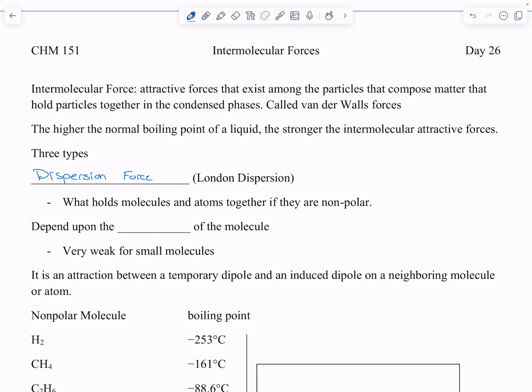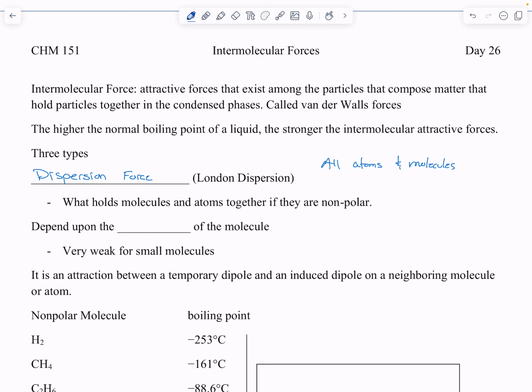A lot of times they're referred to as London dispersion forces. All atoms and molecules have these London dispersion forces. They're what holds atoms like xenon together in the solid state, or what holds ice together.